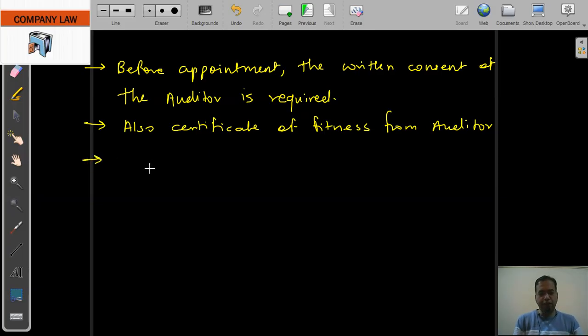After that, the company will inform the auditor concerned of his appointment.